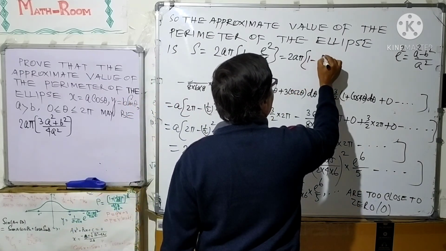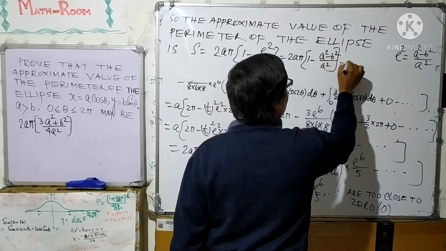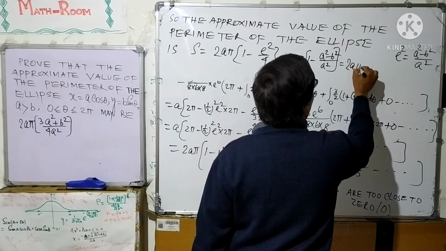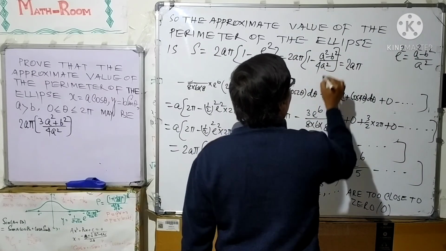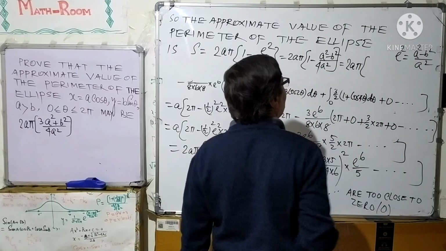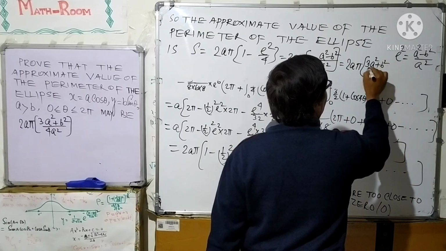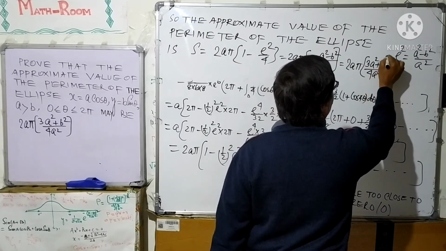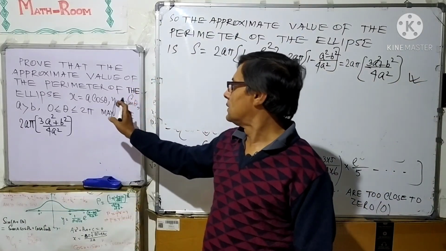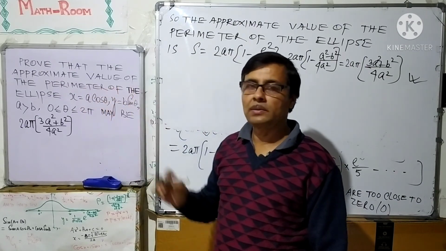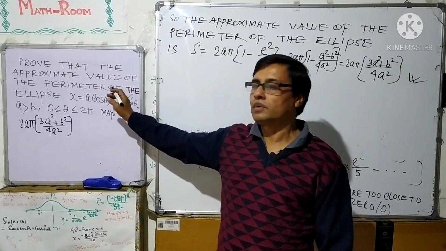So this is equal to 2a pi into 3a square plus b square over 4a square. This is the approximate value of the perimeter of the ellipse whose equation is given as x equal to a cos theta, y equal to b sin theta.